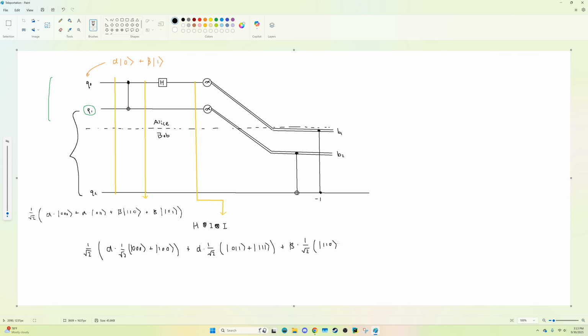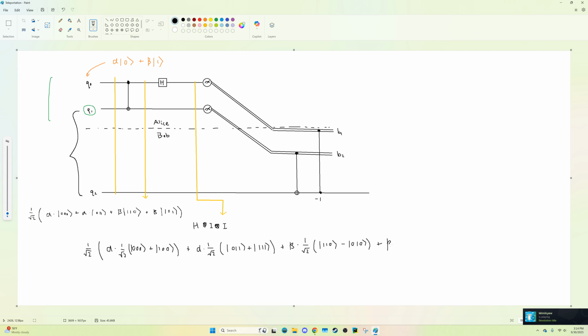And this time it is not plus, it's minus, because H applied to a 1 puts it into the minus state, where it's, remember, ket 0 minus ket 1. So we're going to get 1, 0, 0 minus 0, 1, 0.